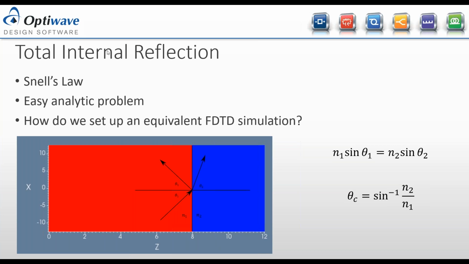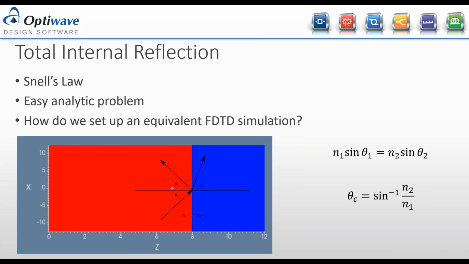Total internal reflection is a very fundamental idea in ray optics, rays with phase. I don't know if that's considered wave optics or ray optics, but it's got an infinitely small width to the ray, so it's a ray. But it's also the idea that they're plane waves and they have some type of phase. So it's a very simple analytic problem, right?